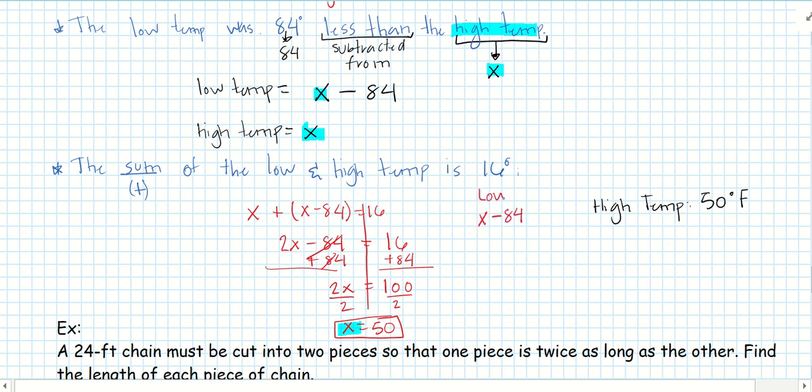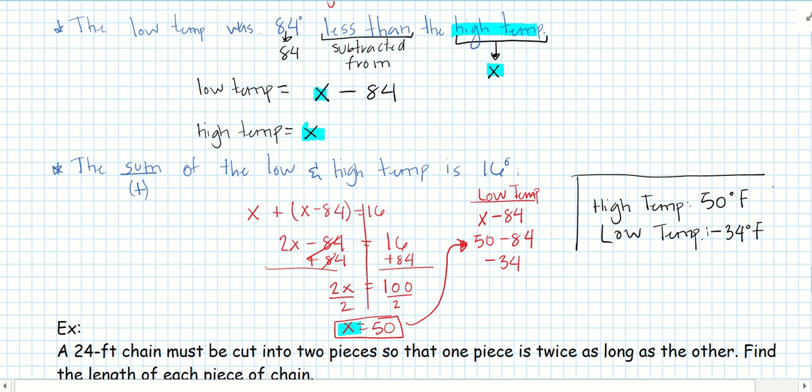I'm just going to put low temp. So that will be 50 minus 84. Notice how I'm just plugging in 50 for X. So 50 take away 84 will be negative 34. So that means that the low temperature is negative 34 degrees Fahrenheit. And this will be my solution, okay?